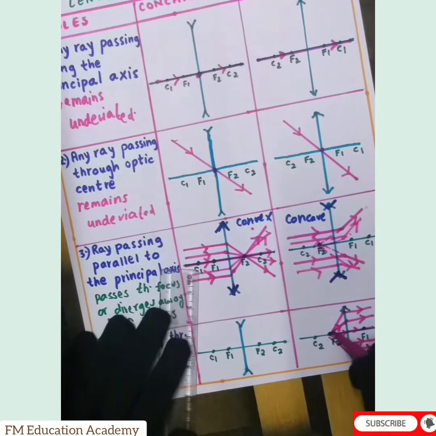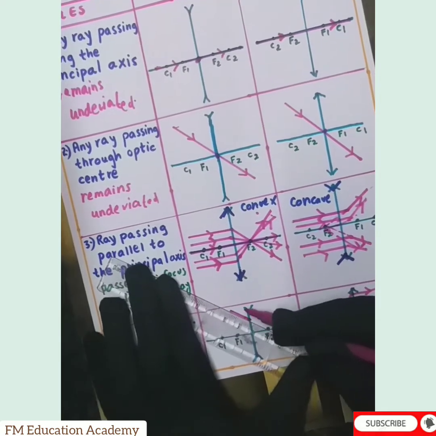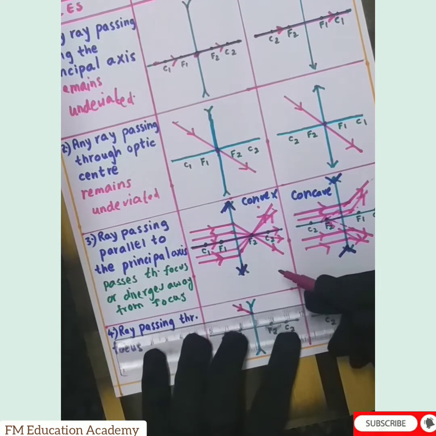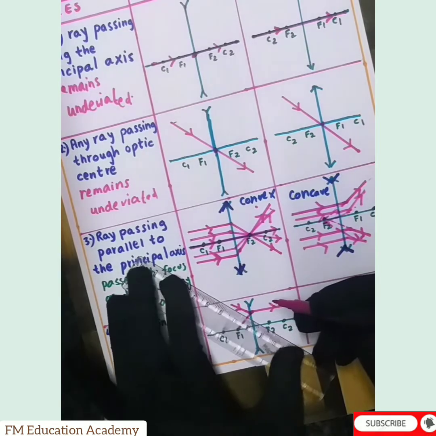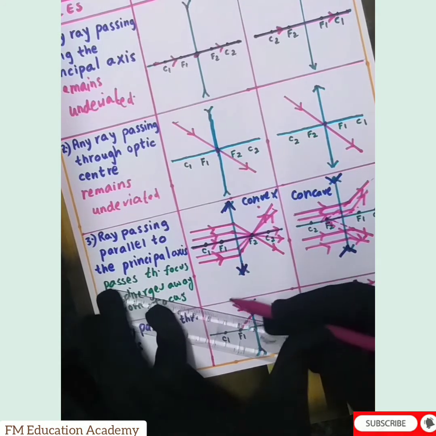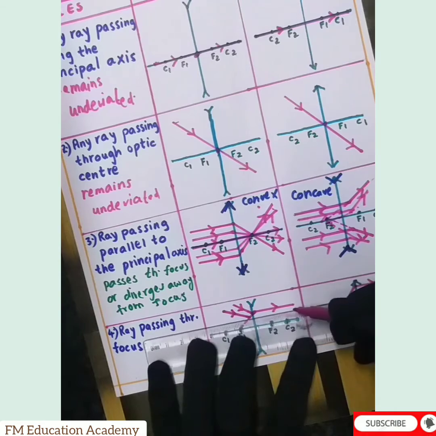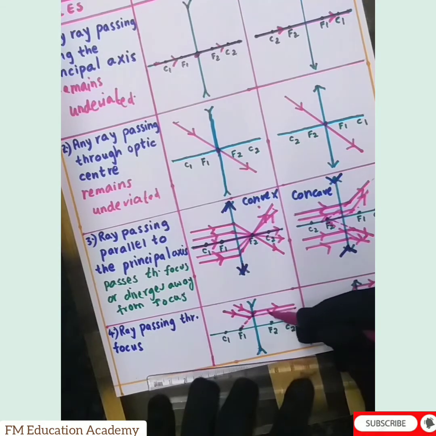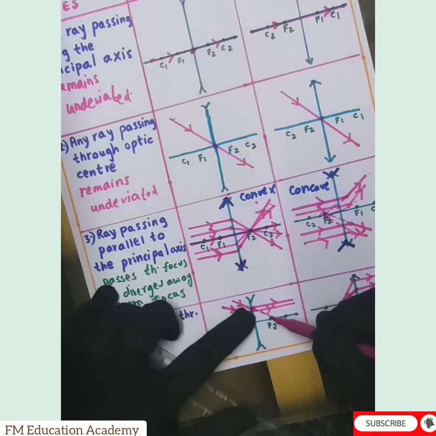What about the concave lens? A ray directed in the direction of the focus will appear to diverge away from the focus, but it will remain parallel only. So here a ray is coming in the direction of the focus, it will emerge parallel to the principal axis. It will meet here, not at F1.